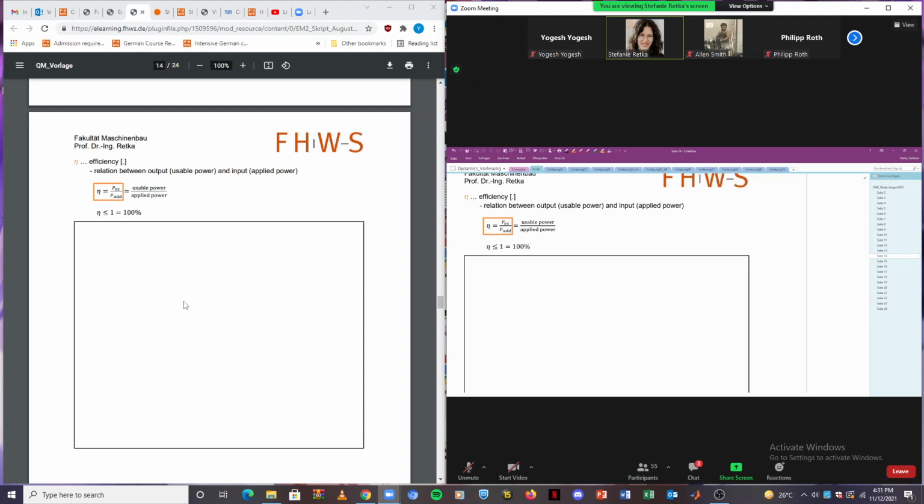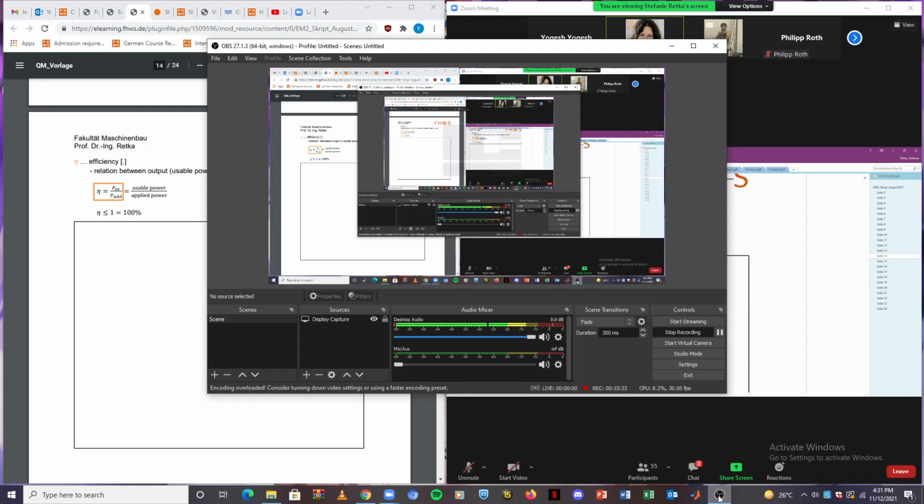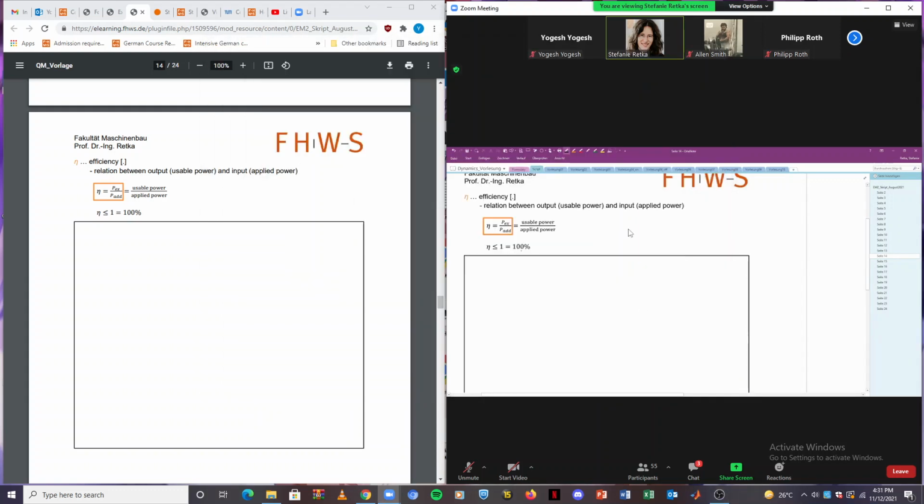Okay, so the efficiency could be 100%, but of course, that would be the maximum value. You can never extract more than you add to the system. But of course, in reality, the efficiency is always smaller than 1, less than 100%.